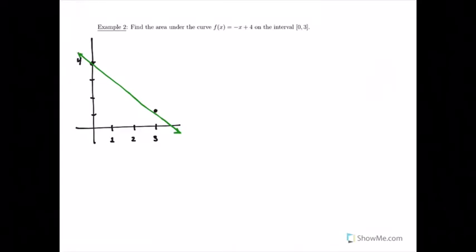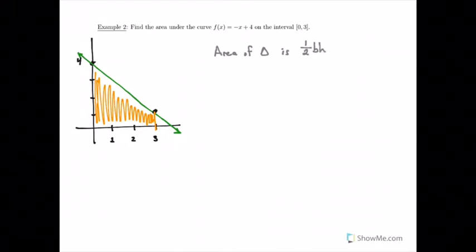There's our function. And when we're talking about find the area under the curve, that means that we are looking for this area right here, all the way up to the 3, not including that little triangle at the end. So if I want to find this area, all I need to do is look at common area formulas. The area of a triangle is 1/2 base times height.